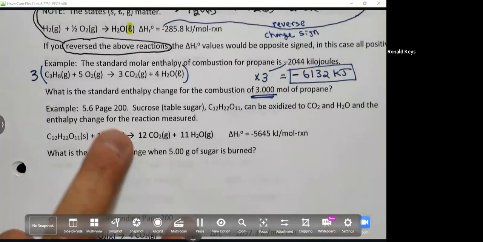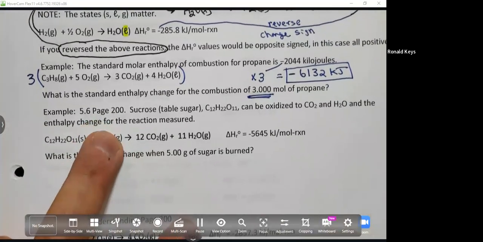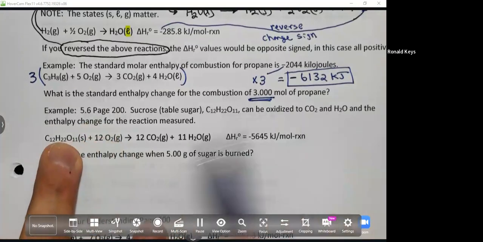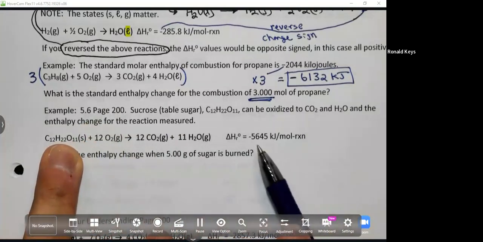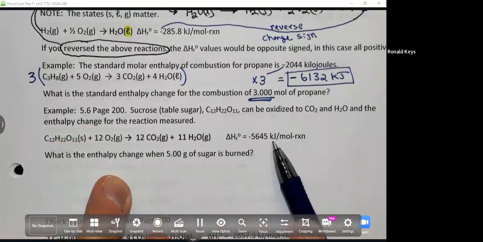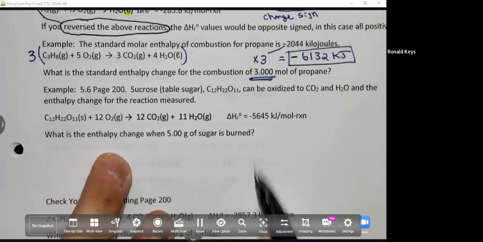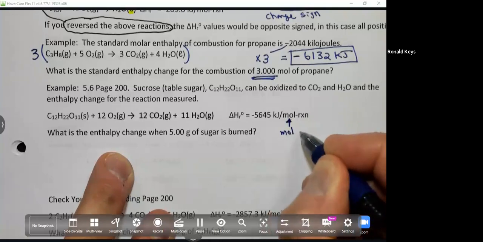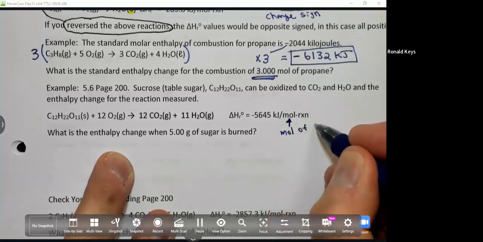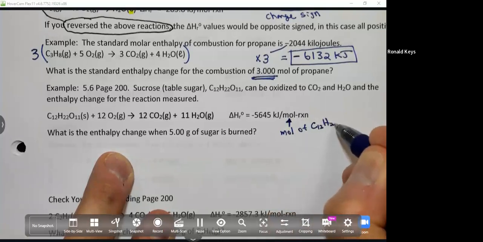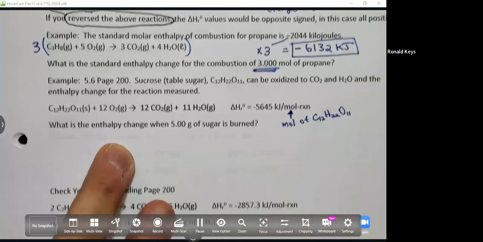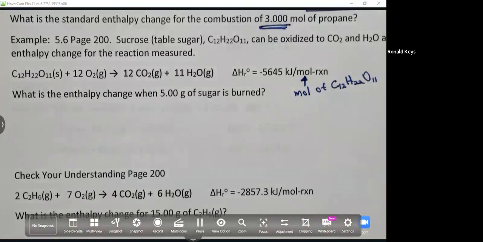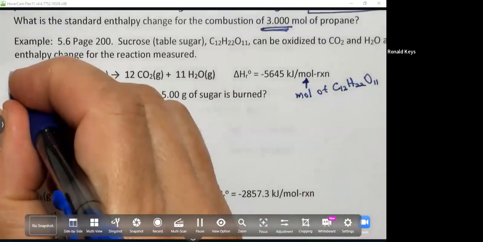Okay, here's an example 5,6. Table sugar can be oxidized to carbon dioxide and water, and the enthalpy change for the reaction measured is negative 5645 kilojoules per mole. This is for a mole of sugar. One mole of sugar.